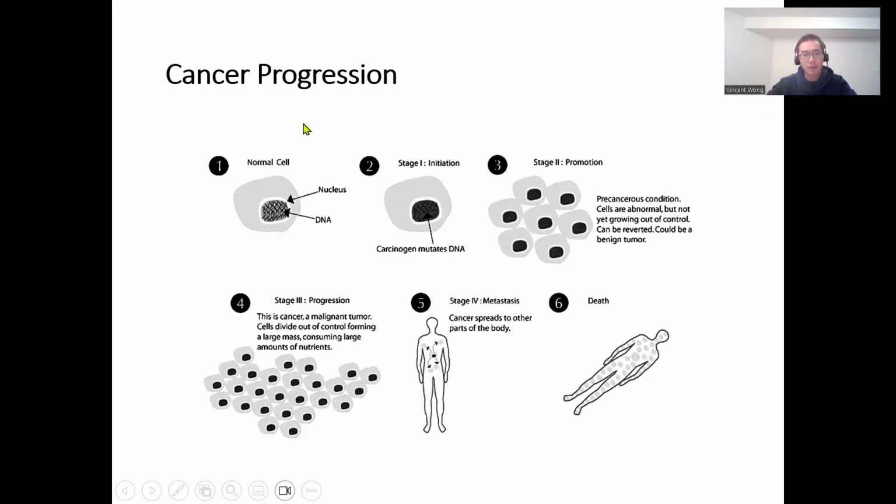Like here you have a normal cell, and there is some kind of initial mutation that happens. Mutations can be spontaneous, which means it's just bad luck. It could happen to anybody. The mistake was introduced when the cell is copying its DNA, for example. It's just made a mistake.